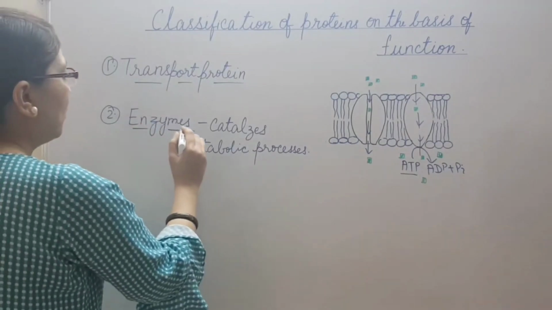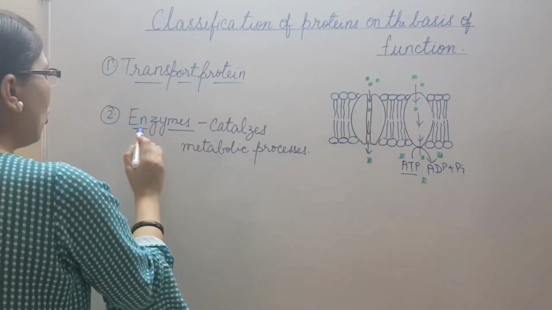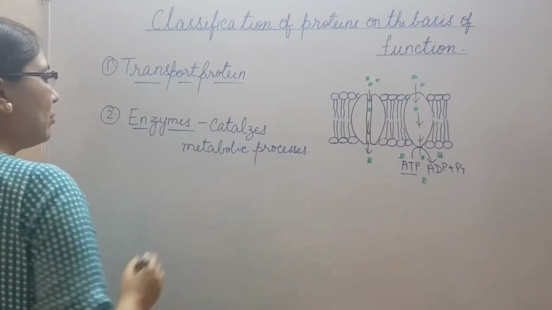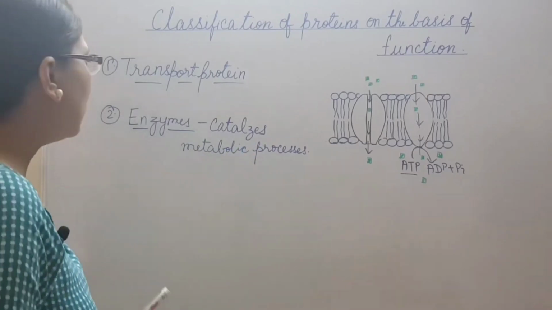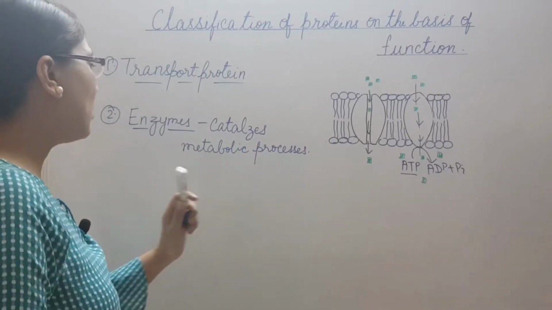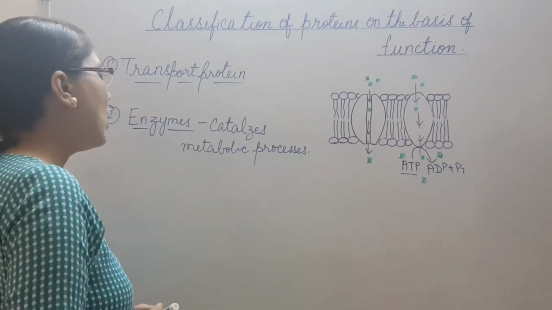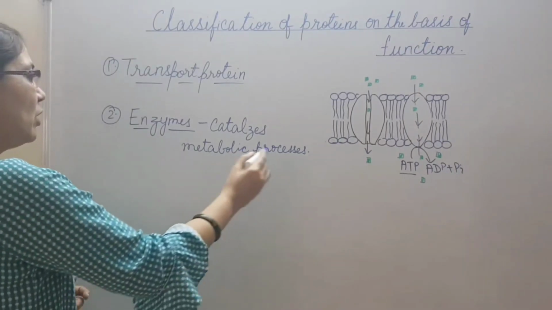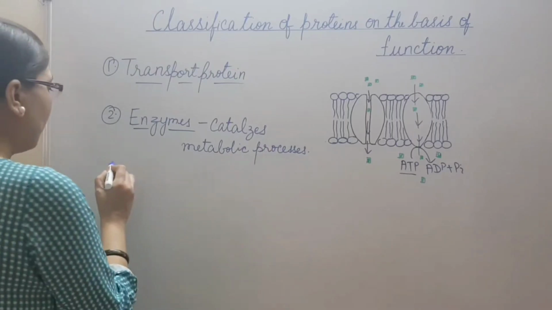Some of the proteins present in the membrane also function as enzymes and catalyze certain metabolic processes. In some cases, more than one protein functions as an enzyme, and then they catalyze different steps of a certain metabolic process sequentially.